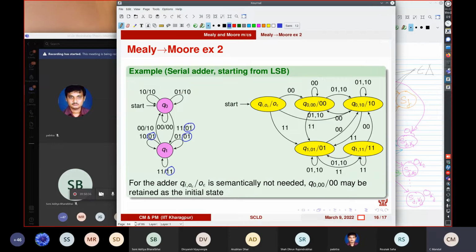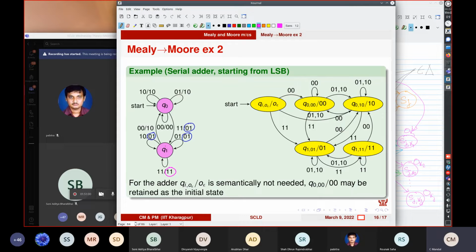Maybe if I use a different color. So I've got two output symbols for transitions coming into Q1.